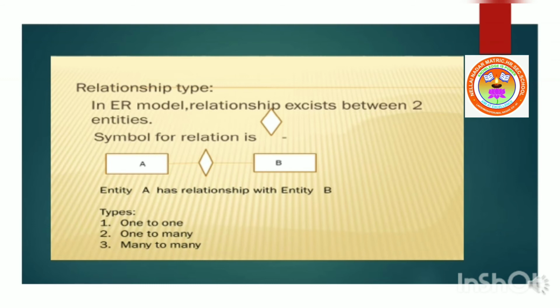The symbol for relation, see here, it is given clearly, is a diamond.